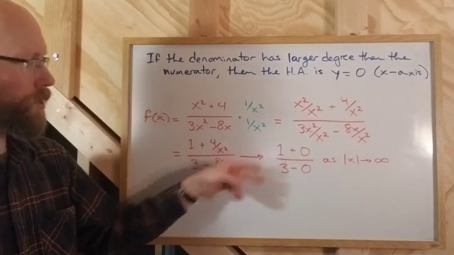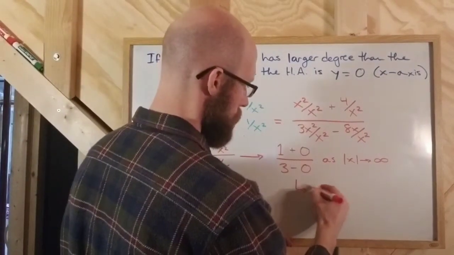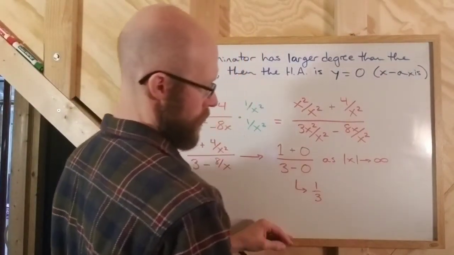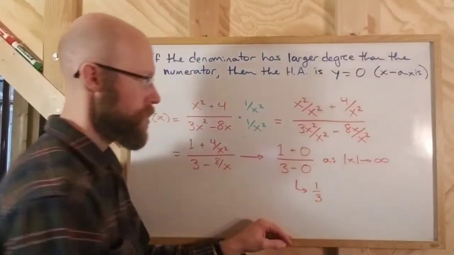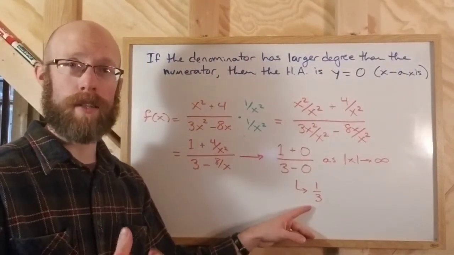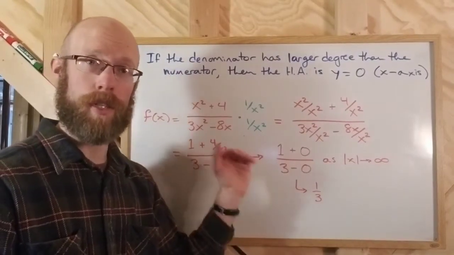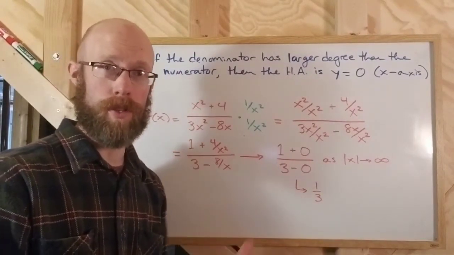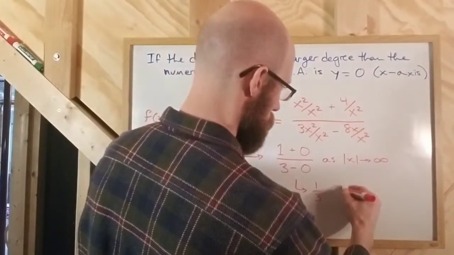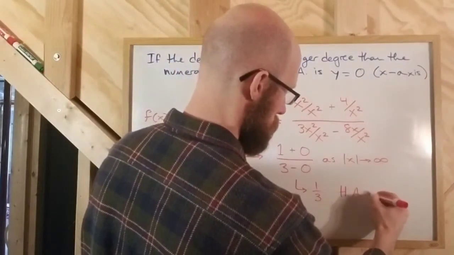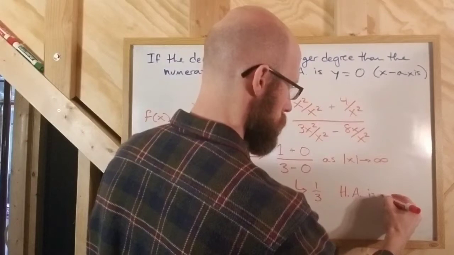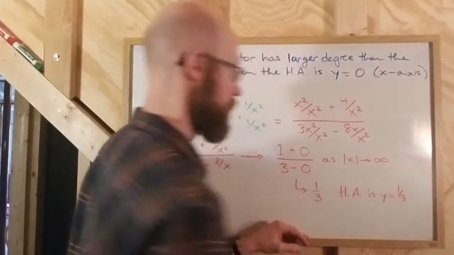And so this really just reduces down to 1/3. That tells us the horizontal asymptote is at y equals 1/3. So it's a different value than it was with the 0. So the horizontal asymptote is y equals 1/3.